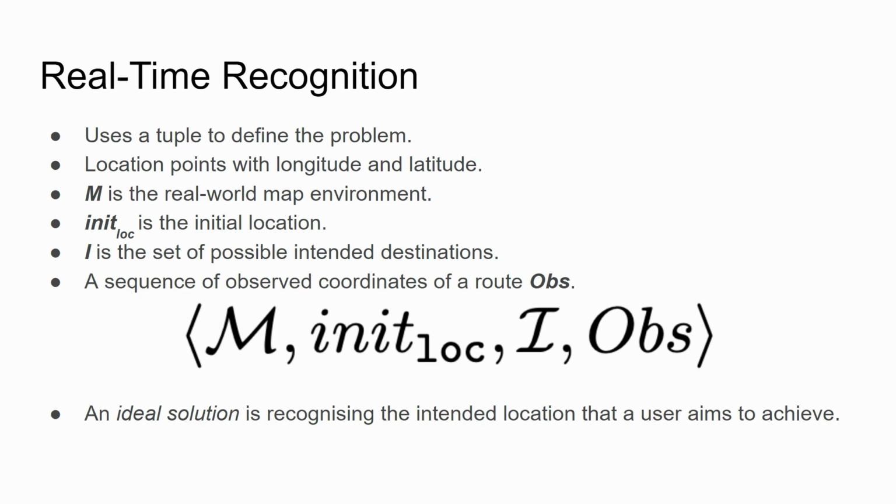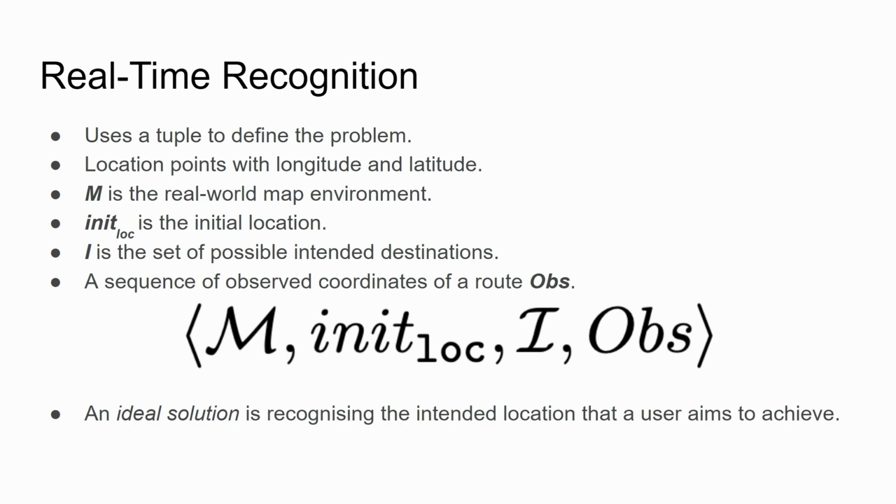We define an intention recognition problem in real-world navigation maps as a tuple. As stated in our paper, M is the real-world map environment, represented by a road network with location points as latitude and longitude. Initloc represents the initial location point as latitude and longitude. I is a set of possible intended location points that an observed user may aim to achieve.